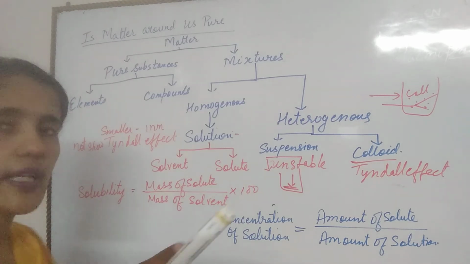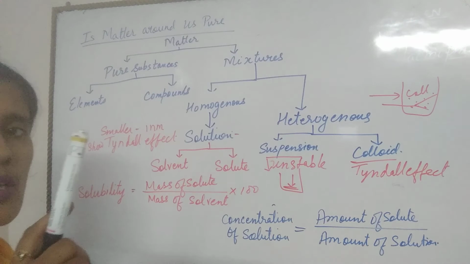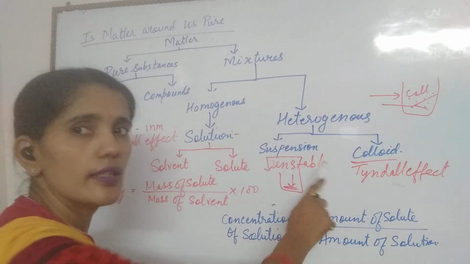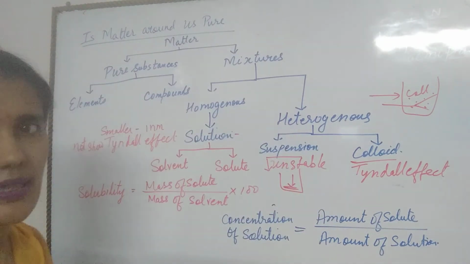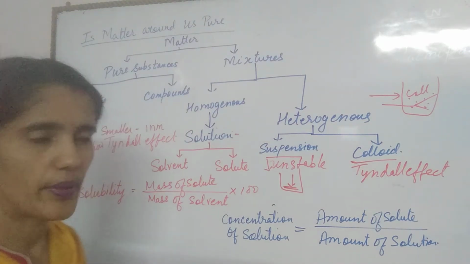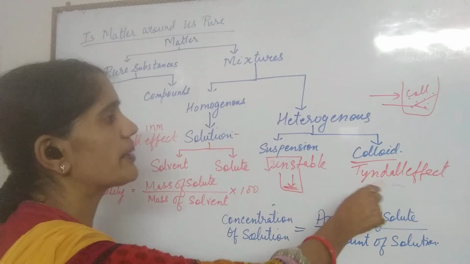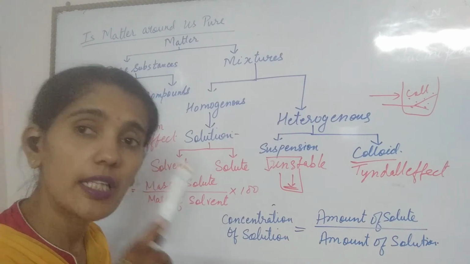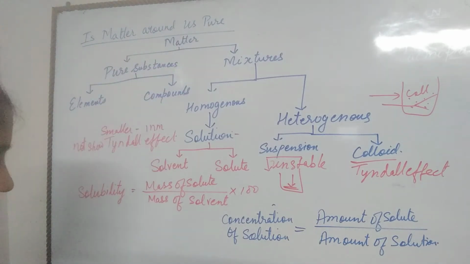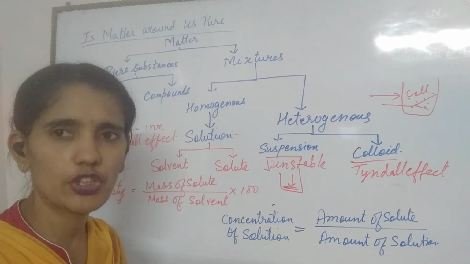Next is liquid and liquid like milk, creams. That will be a type of colloid in which liquid and liquid are taken. Both dispersion phase and dispersion medium are liquid. Now next, if I have taken the dispersion phase as solid and the dispersion medium as liquid, it means solid and liquid. For that we can take the example of milk of magnesia.